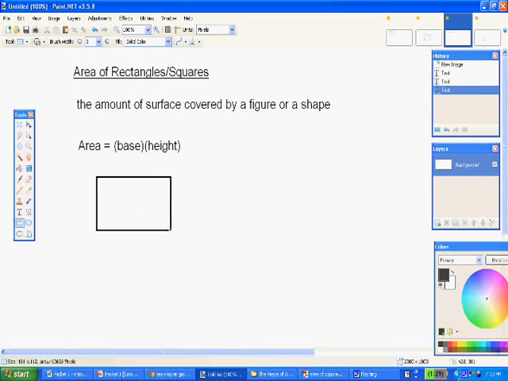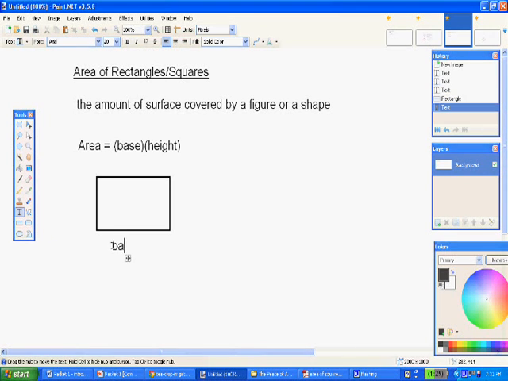And what I mean by base and height are this. Base usually indicates the length of the bottom of a figure, and height usually indicates how tall a figure is. And on a rectangle, it doesn't really matter which one the base and the height is. You're simply multiplying the two sides.